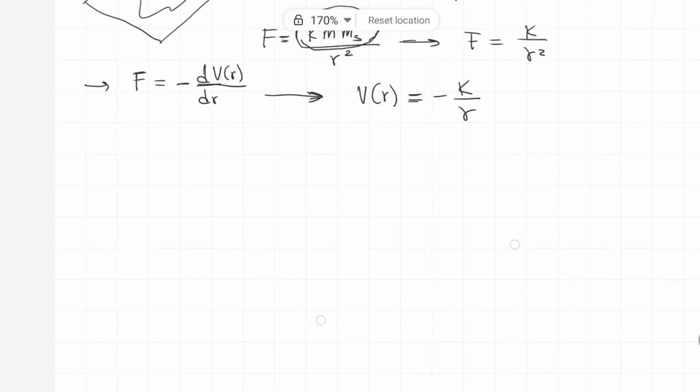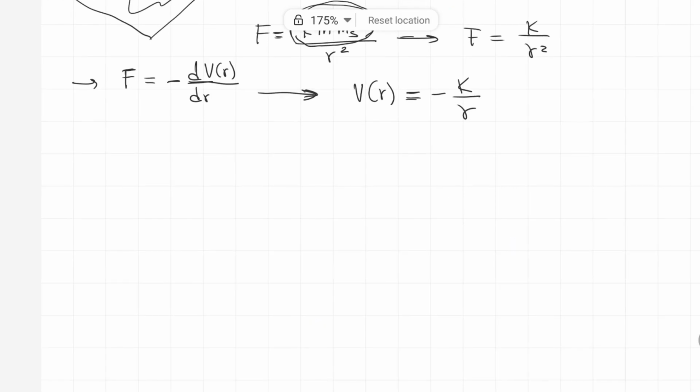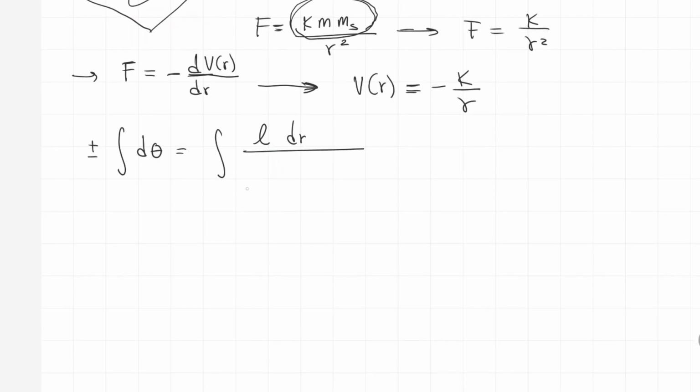Another thing that we showed on a previous video is that the equation that we have to determine the orbit of an object under a central force is going to be the next. We are going to have plus minus the integral of d theta equals the integral of L times dr over R squared square root of 2m times the energy, which is a constant, minus the potential V minus L squared over 2mr squared.